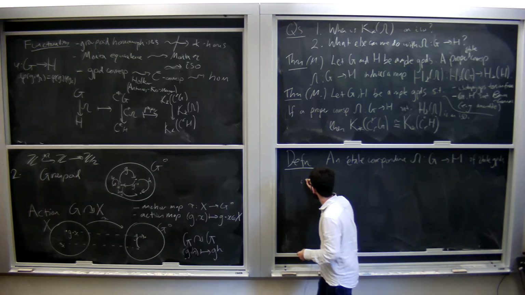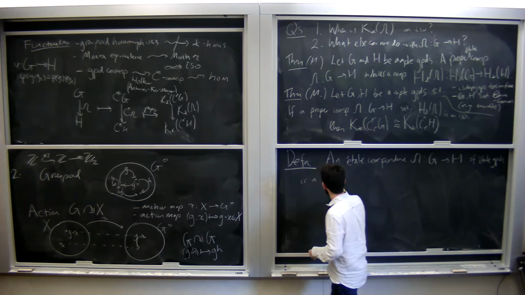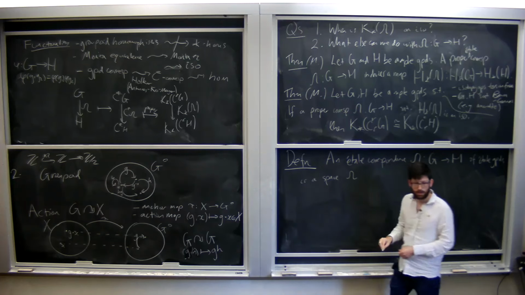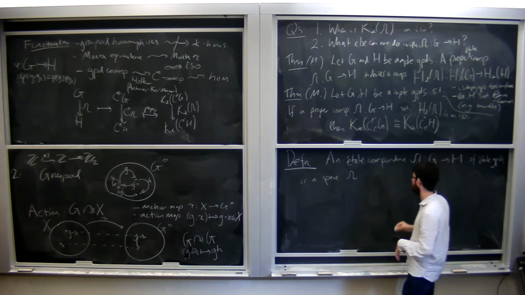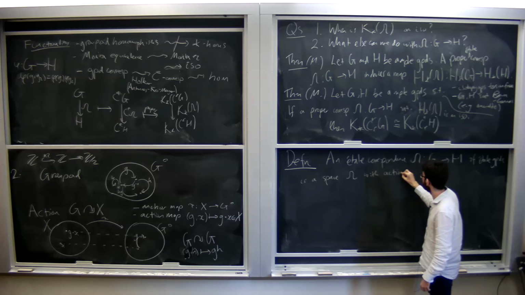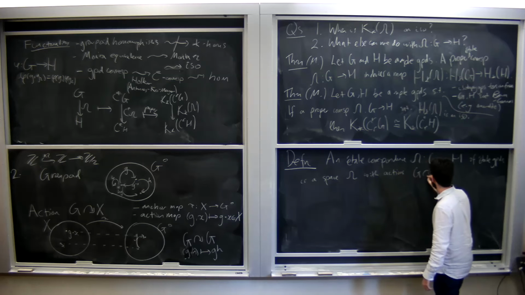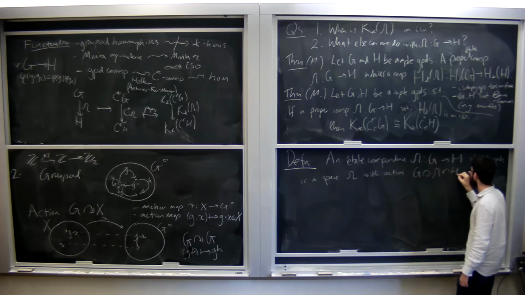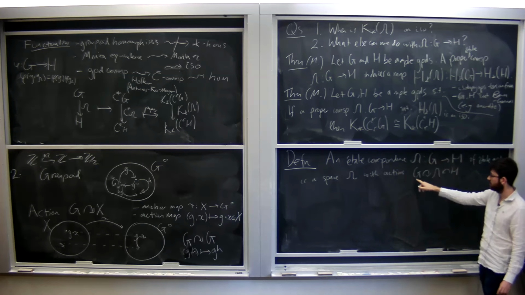So first of all, we've got a space omega, and we're going to have actions. So we have a left action of G.